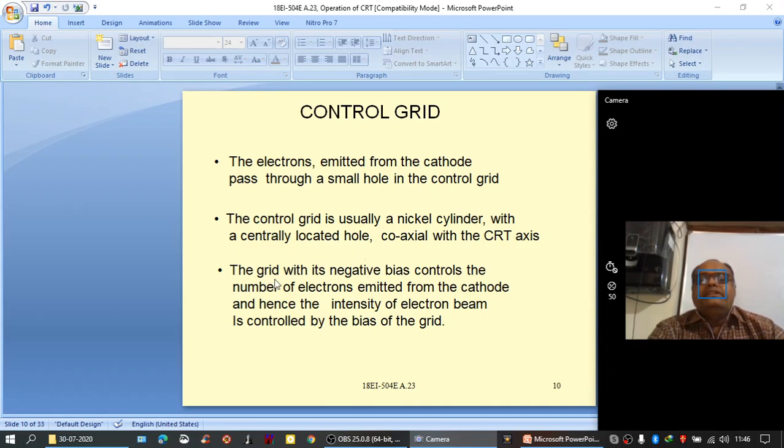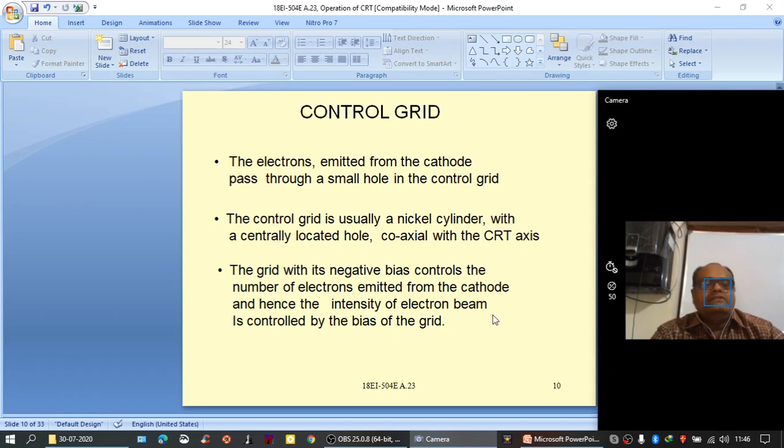The control grid, with its negative bias, controls the number of electrons emitted from the cathode, and hence the intensity of electron beam is controlled by the bias on the control grid.